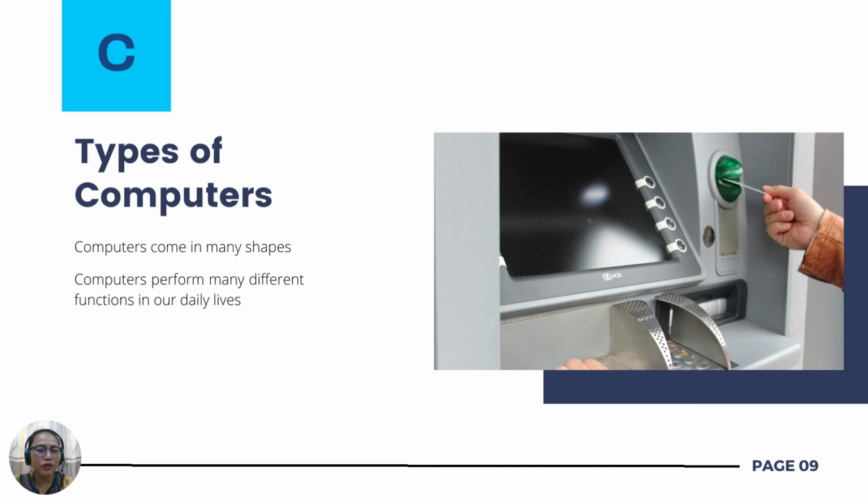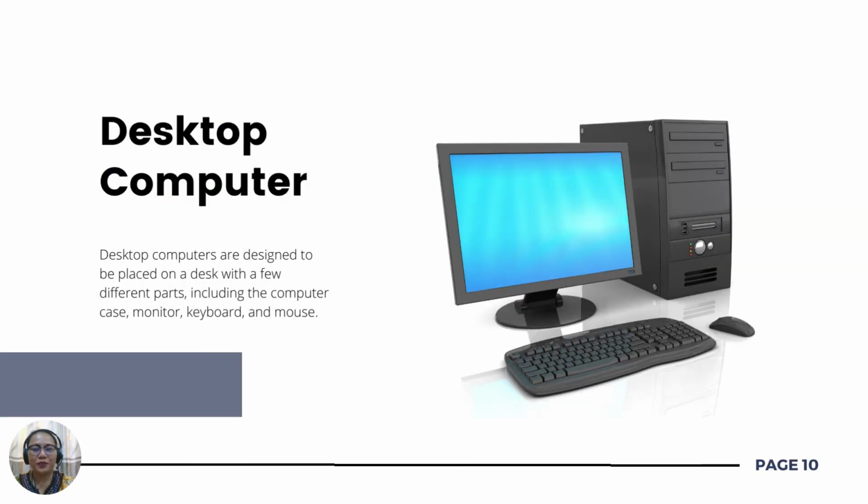When you withdraw cash from an automated teller machine or ATM, or the cashier scans your groceries at the store, or you use your calculator to compute something, your calculator, the barcode scanner at the grocery, the ATM or the automated teller machines are all types of computer. Please take note of that.